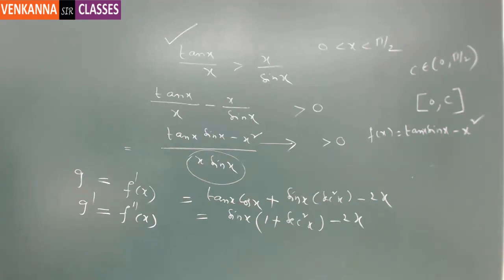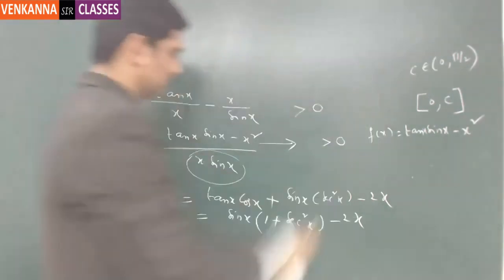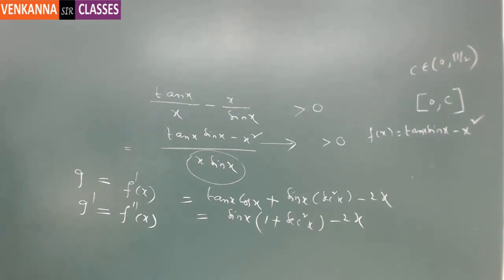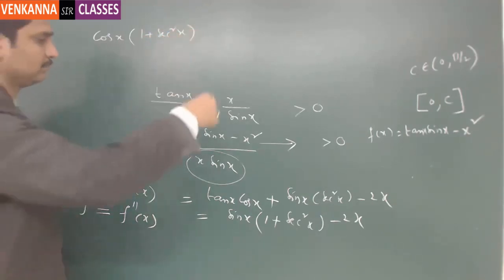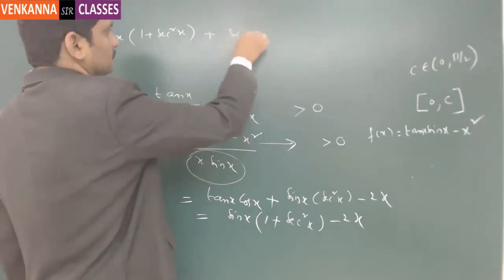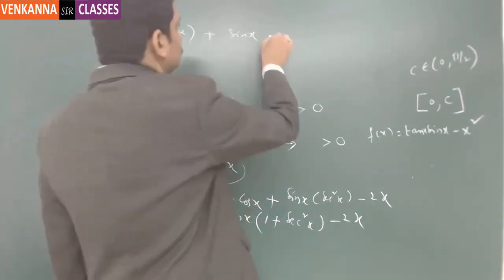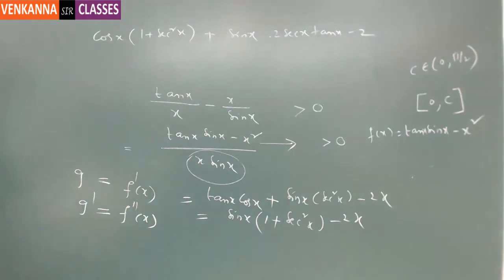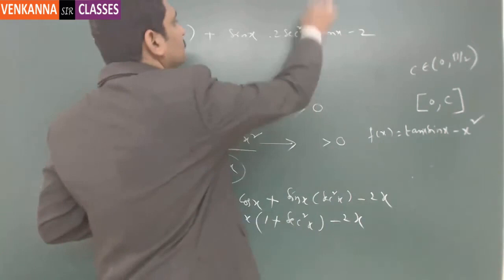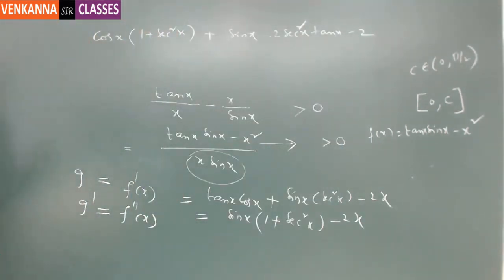If you calculate the value, you are going to get cos x into 1 plus secant square x plus sin x into 2 secant x into tan x minus 2. So you can simplify the parts there.